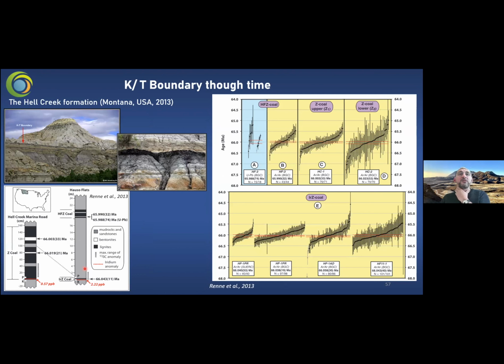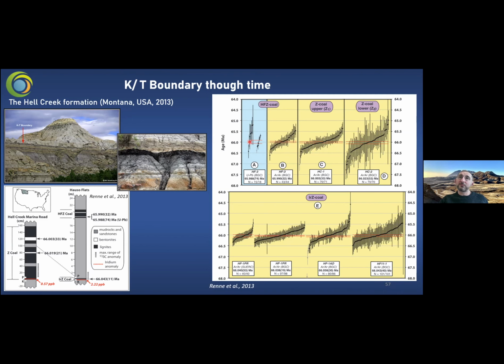In 2013, Renne et al. dated a bunch of coal deposits that were rich in volcanic materials by argon-argon. This is here. And these are the uranium-lead ages that have been done on the same units. You will see here is a spread.